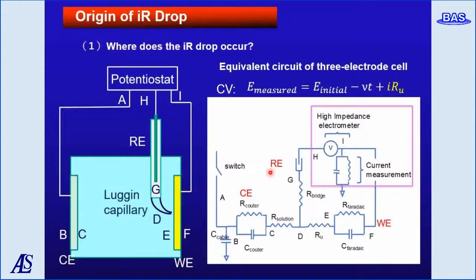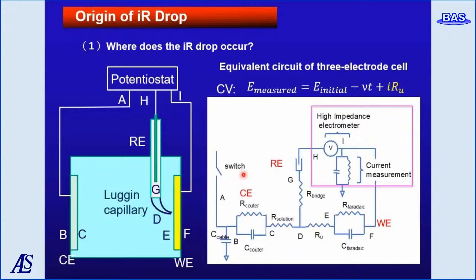The equivalent circuit of a 3-electrode cell connected to the potentiostat can be written here. On each electrode, resistance and capacitors are present, and especially between the working and reference electrode, uncompensated resistance remains, which causes IR drop.